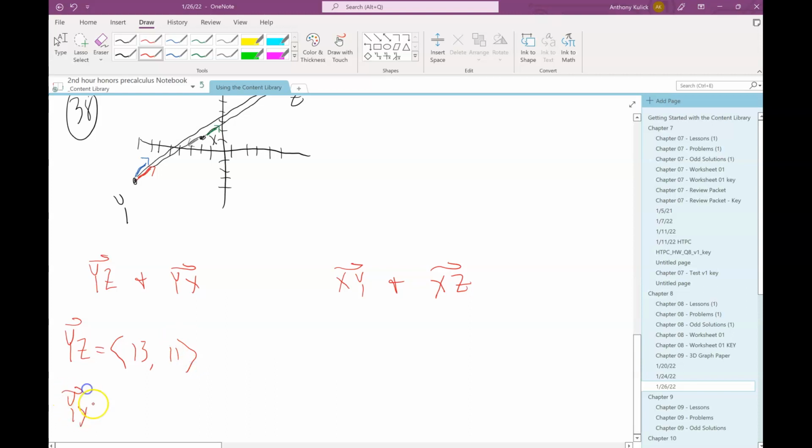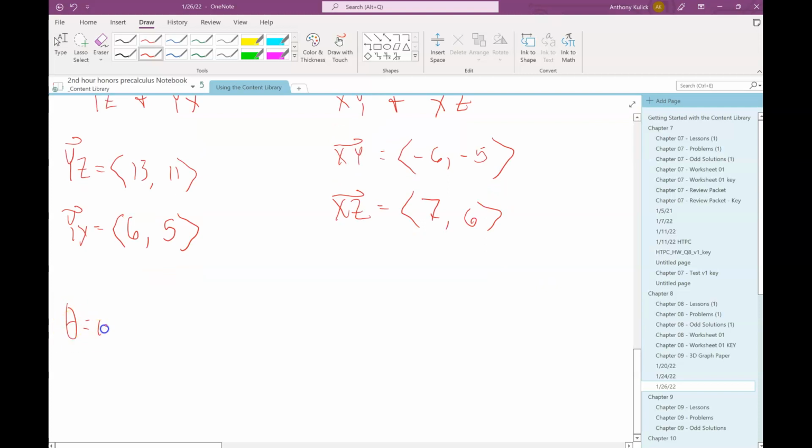And YX is going to be X minus Y, so that's positive 6, and X minus Y, so that's 5. Y minus X is negative 6 and negative 5, clearly. XZ is going to be Z minus X, so that's 7, and then Z minus X, that's 6.